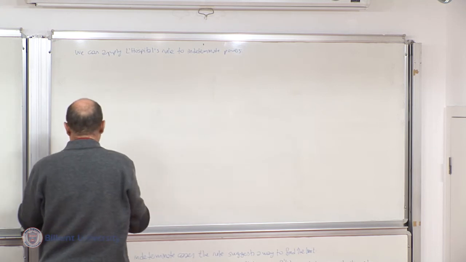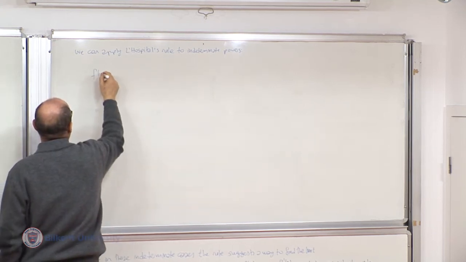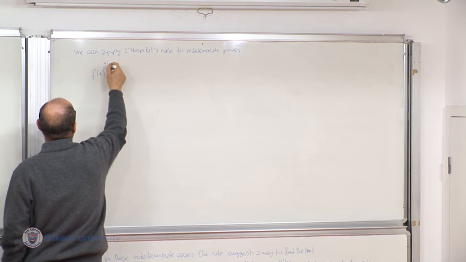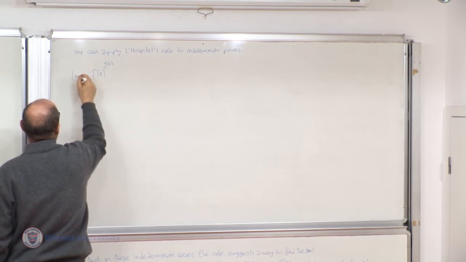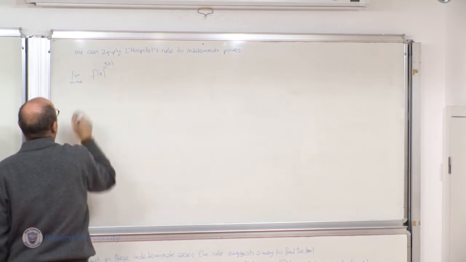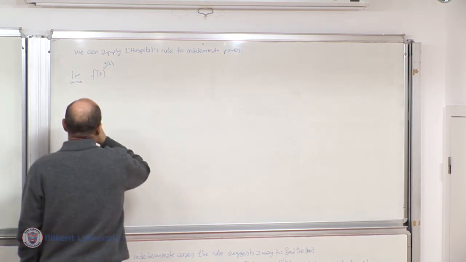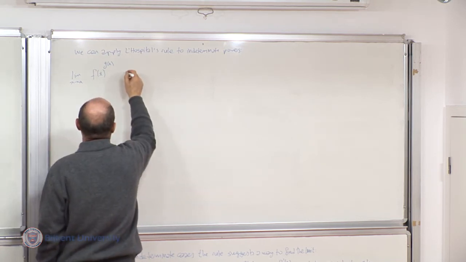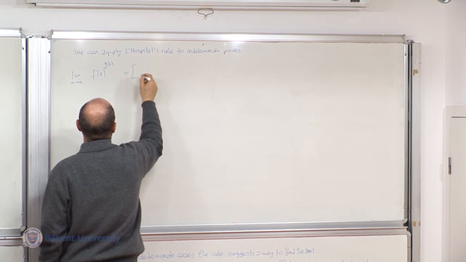These powers are, you have f of x to the power g of x, and you want to take the limit of this as x goes to some place.